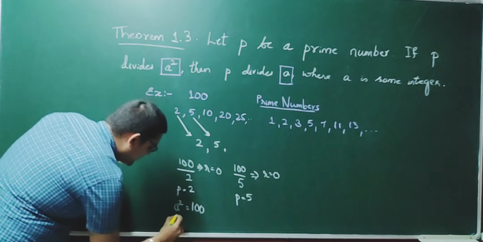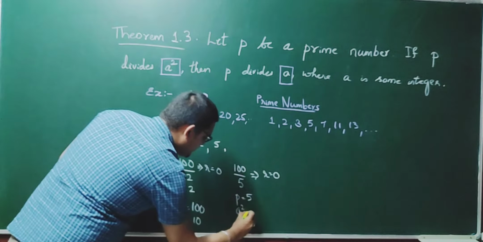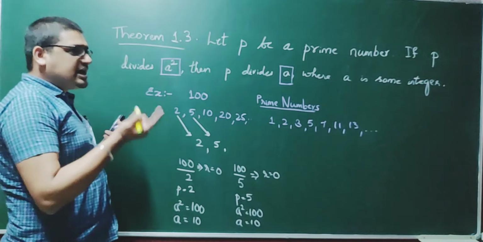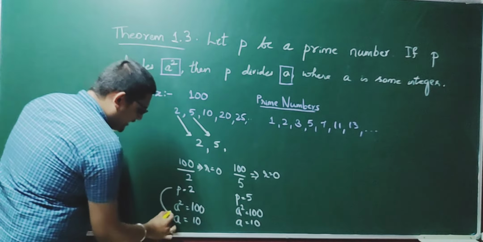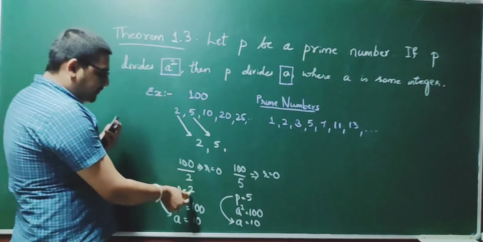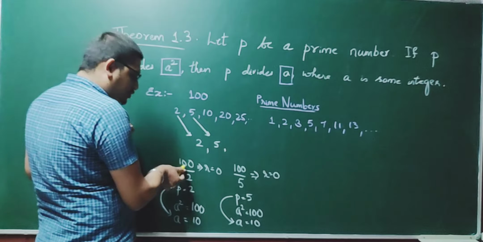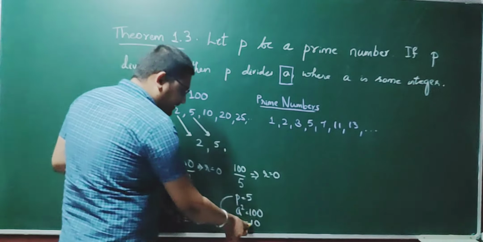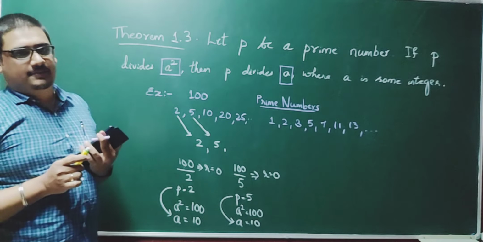If a square is 100, then a is 10. But observe the last part of the theorem, which says then p divides a. Is it not true? My prime number 2 divides 100. If I take the square root of 100, which is 10, it is still divisible by the same prime number. You observe here, 10 divided by 5 is possible, and 10 divided by 2 is also possible.